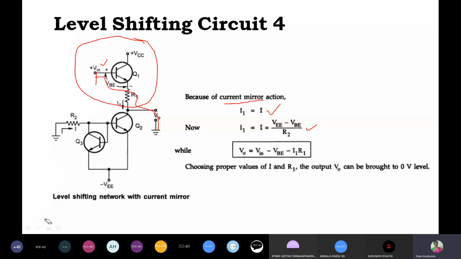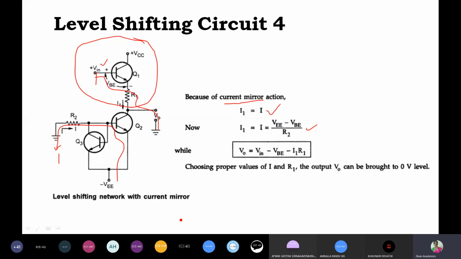Any loop you can take. The algebraic sum of voltages in a closed loop is equal to 0. We choose loops for our convenience only. So write this as loop 1.